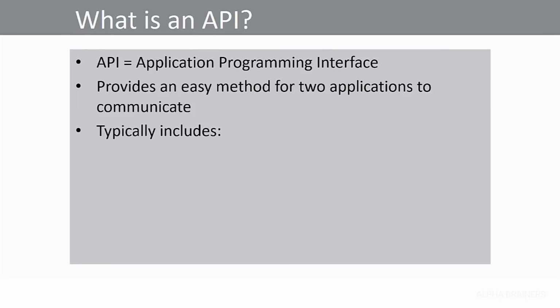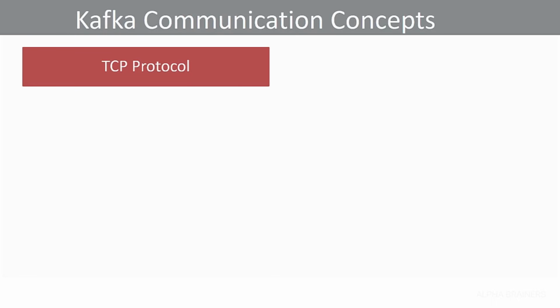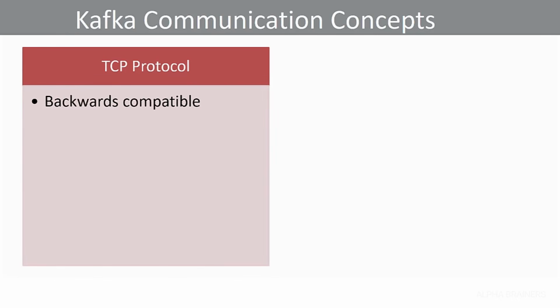And typically an API will include things like the protocols it uses for the interface itself, some routines or procedures that are going to be performed, and some tools as well. Now, as far as the Kafka API is concerned, the first thing you should realize is that it is a TCP-based protocol. It uses a binary protocol that runs on top of TCP. It's backwards compatible.